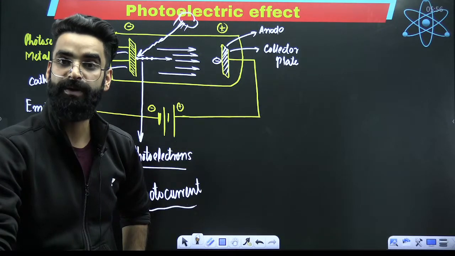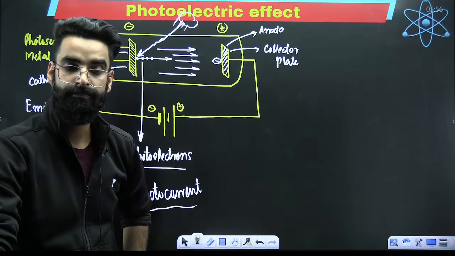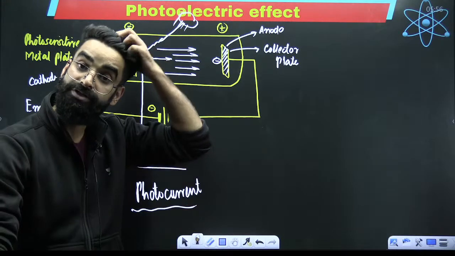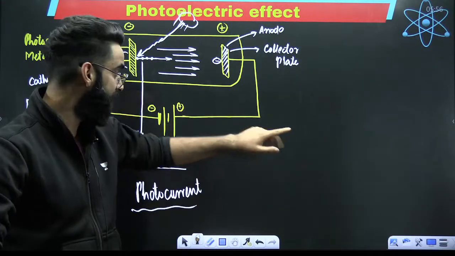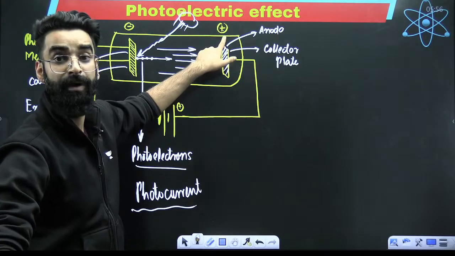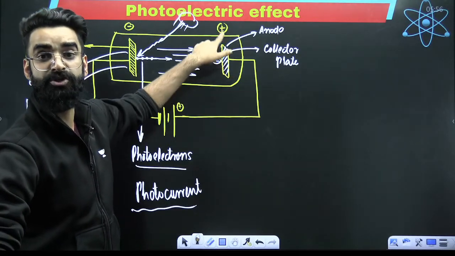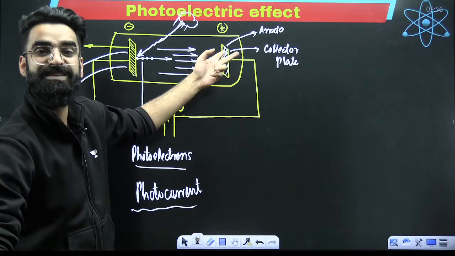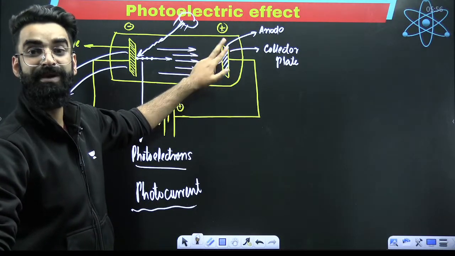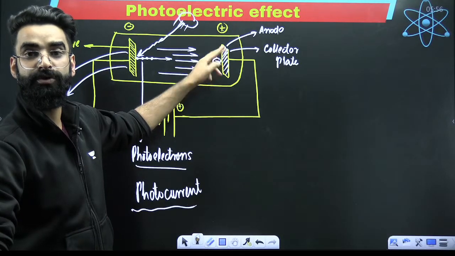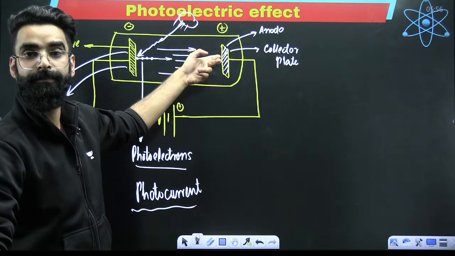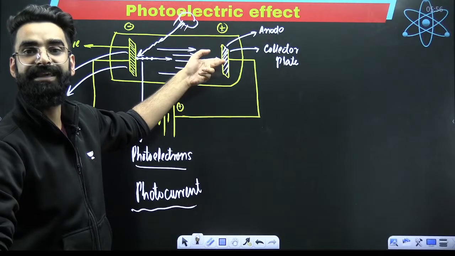So what is stopping potential? Is it the normal voltage or reverse voltage? You are giving the reverse voltage. See, this was your positively charged plate, at positive potential. Now you are changing its polarity, making it negative potential. So you are reversing its polarity.